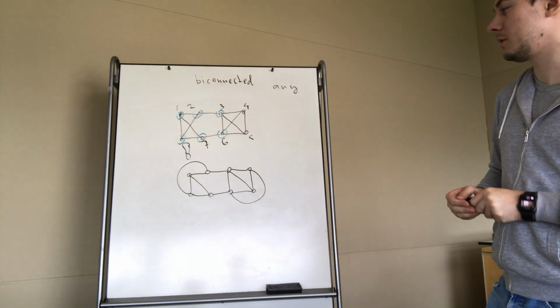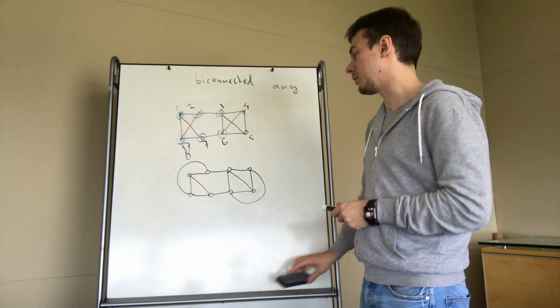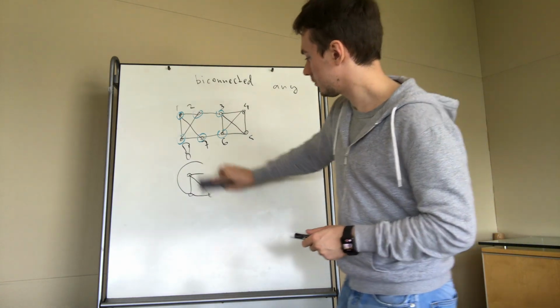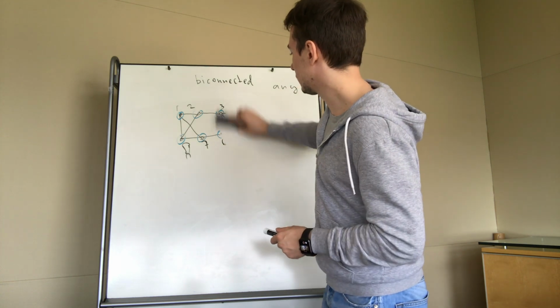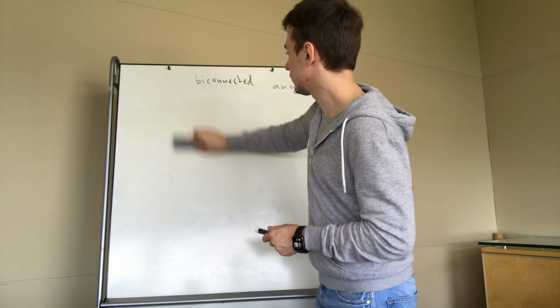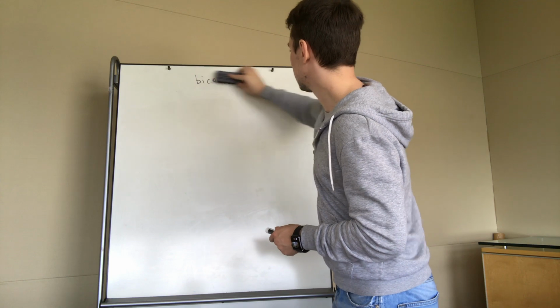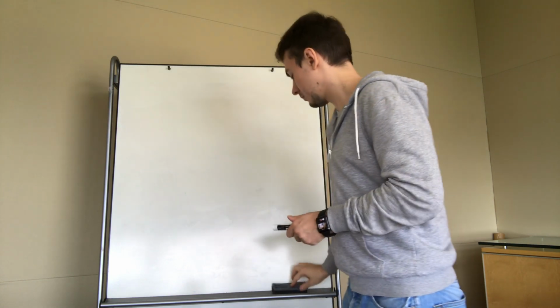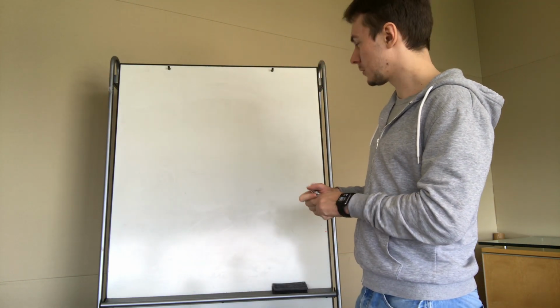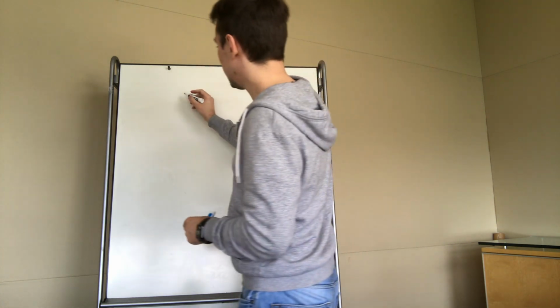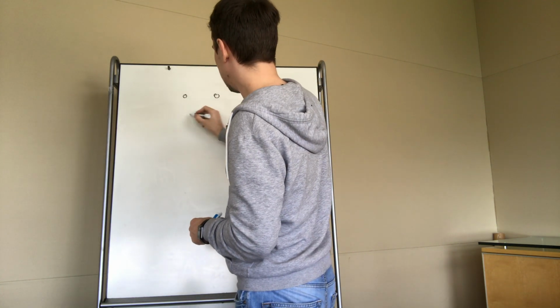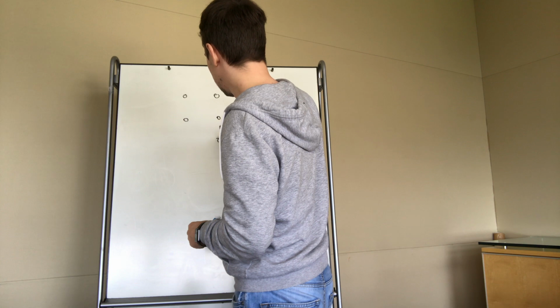Now, as you can see, this graph is a planar one. Let's check if this graph is a planar one or not.